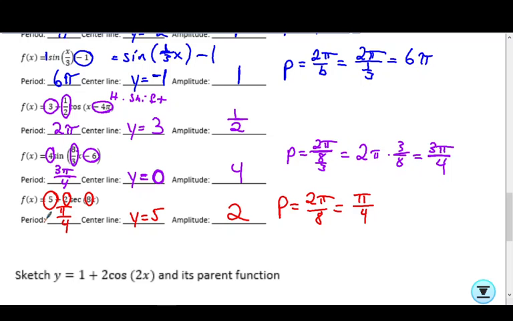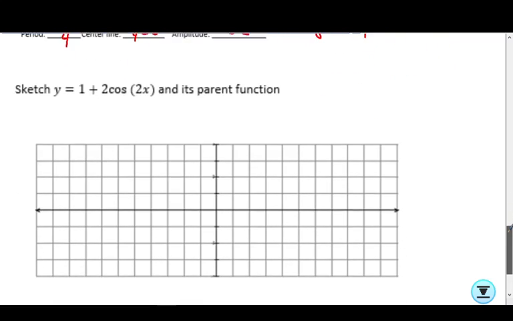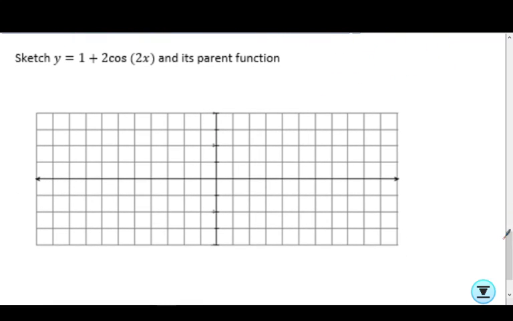All right. So let's put it all together and let's graph this. It says sketch this function and its parent function. So again, basically we're going to set it up just like we did the last time.